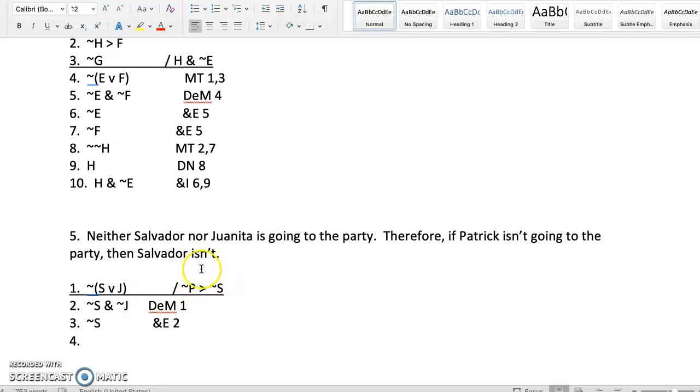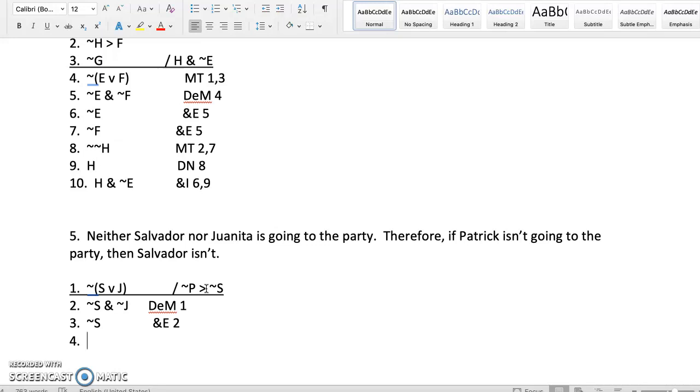And now you'll notice we've got this sentence in the conclusion that doesn't show up in the premises. And if you remember the one tip in the book, there's a rule that allows you to introduce new stuff, and that is the disjunction introduction rule. But you might be thinking, well, this isn't a disjunction, it's a conditional. Right. But remember the substitution rule, material conditional, allows you to change disjunctions into conditionals and vice versa.